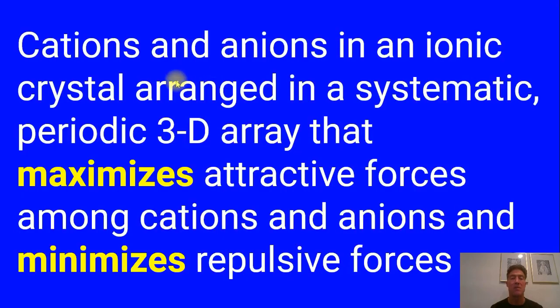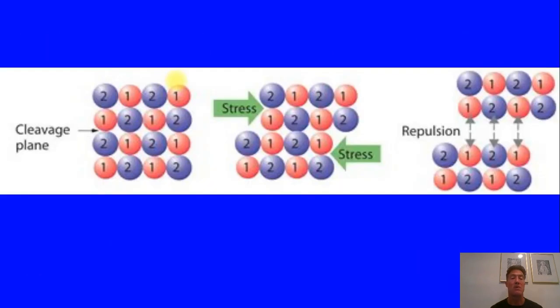They arrange themselves in this systematic 3D lattice that maximizes attractive forces among the cations and anions and minimizes repulsive forces. So you can see if you pick any one atom here, it's surrounding itself as closely as it can with these oppositely charged number ones, and as far as it can get from these same charged number twos.